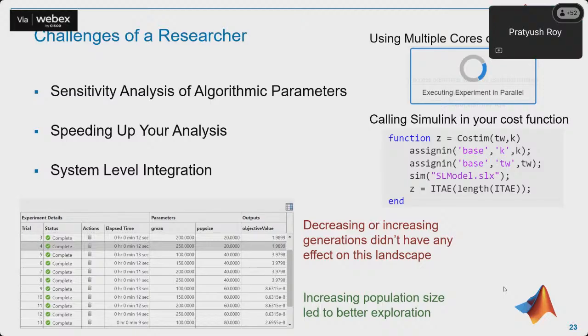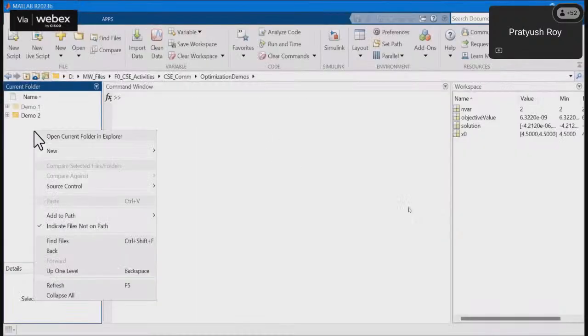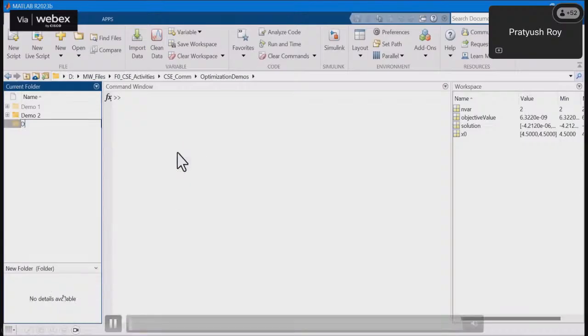So these are the typical challenges which a researcher would face. He or she might want to understand how varying the parameters of my algorithm affects my overall result, how I can speed up my analysis, and how I can do system level integration of this algorithm for any engineering or science application.